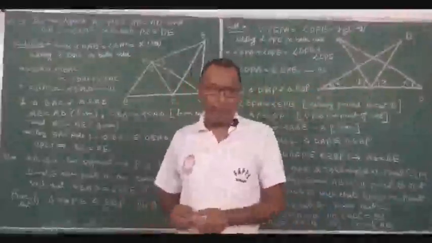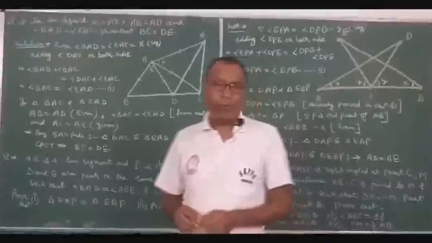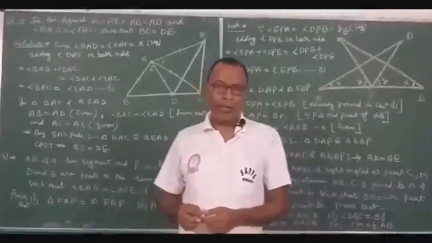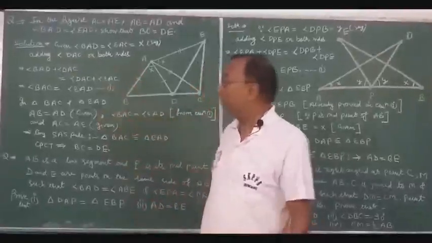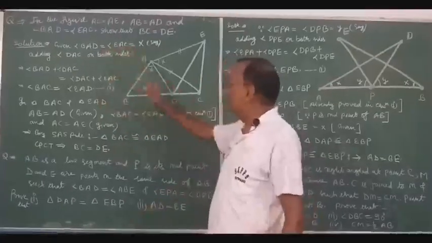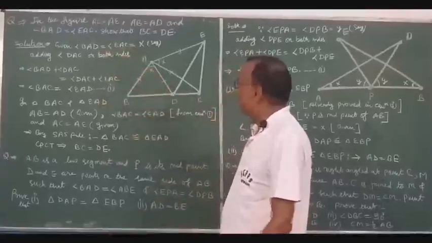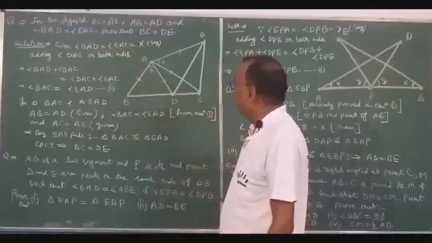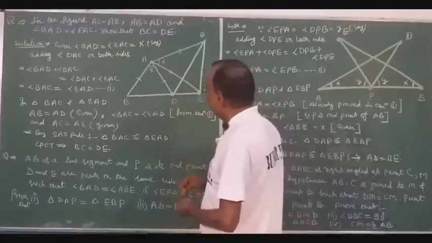So today we are taking again the problems based on the congruency rule, SAS and ASA. Just look at this question. In this figure, AC is equal to AE, this is given.